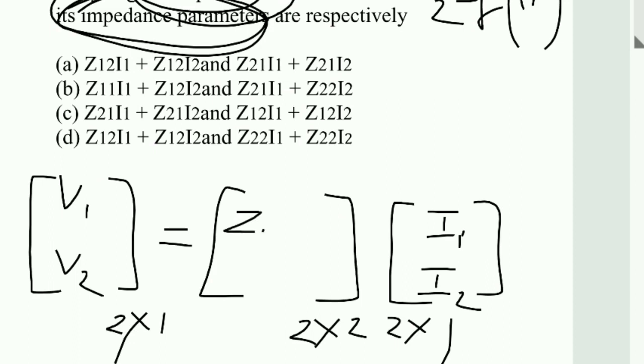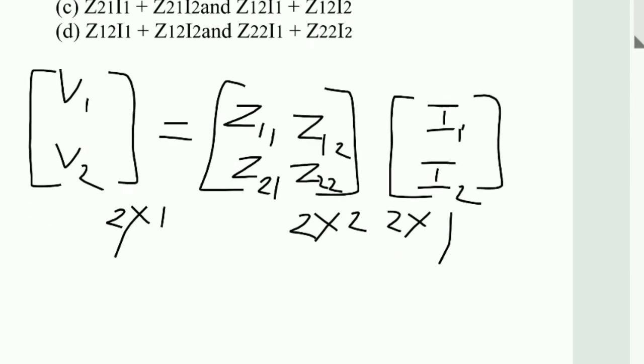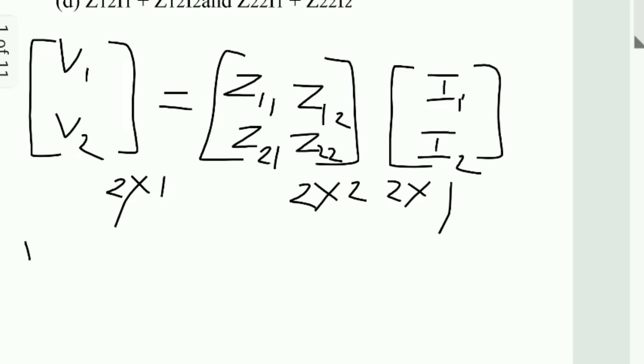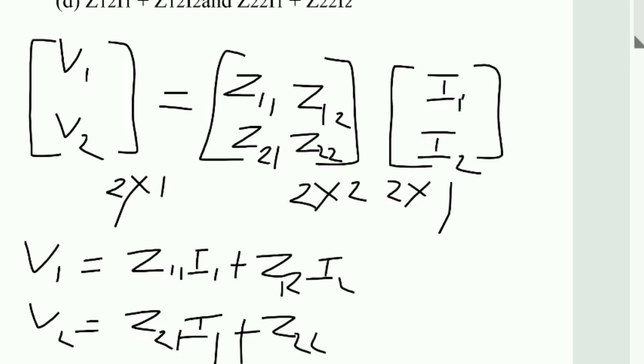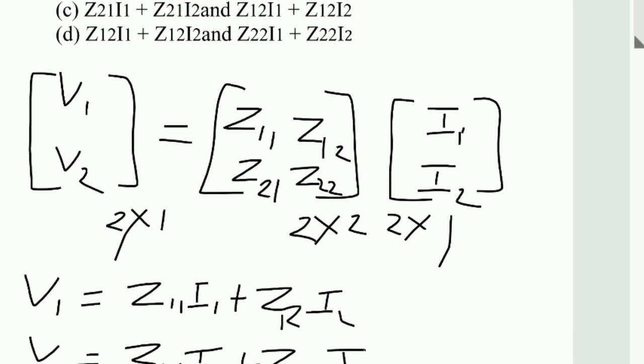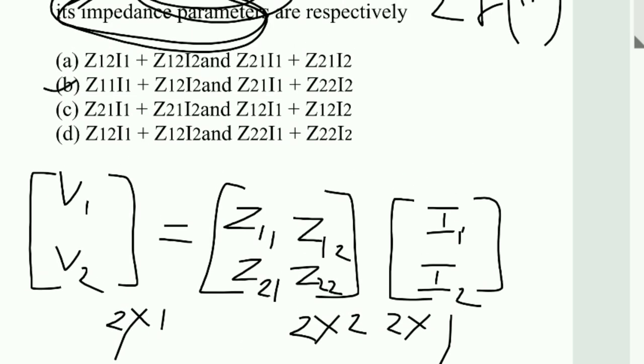Then this matrix is denoted as Z11, Z12, Z21 and Z22, four terms of course. If you multiply this, you will get V1 equals Z11 I1 plus Z12 I2, and V2 equals Z21 I1 plus Z22 I2, right? Clear? So you can see option B is right.